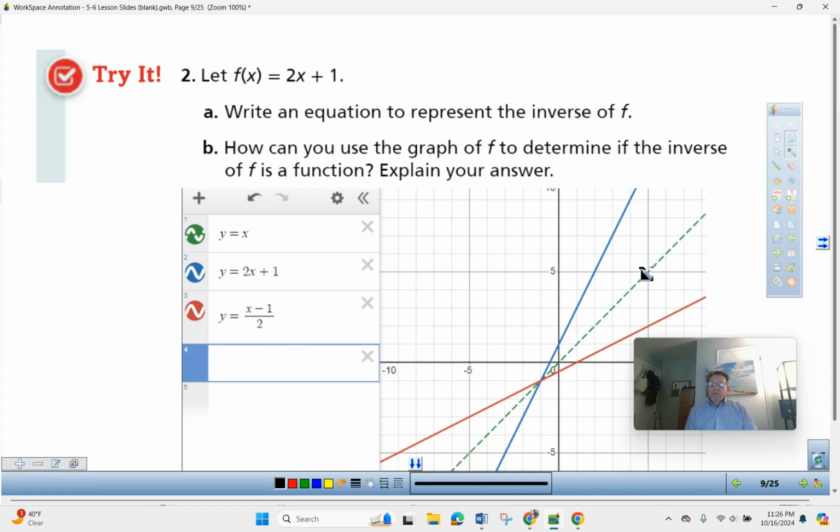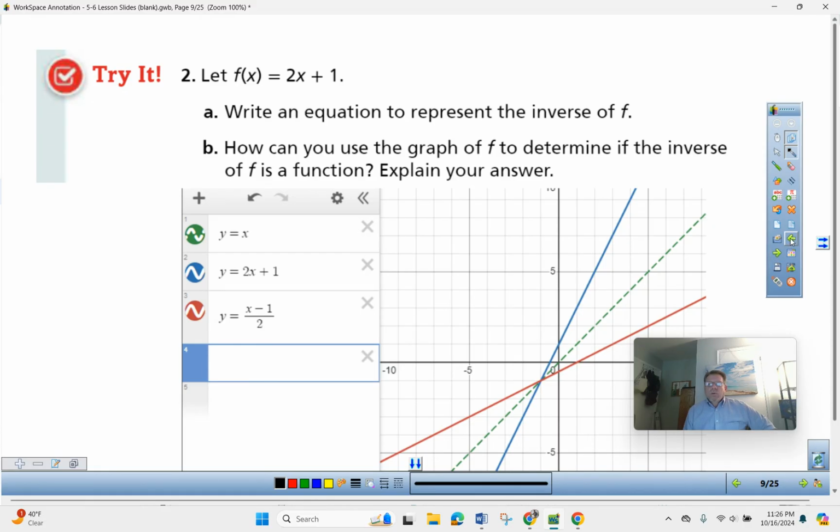Now again, you see this y equals x line, and I strongly encourage you, when you're doing this, to put that in so it's much easier to see the symmetry. Are these two symmetric? Do they reflect over this line? Yes, they do. So yes, these are inverses. You can see it graphically.